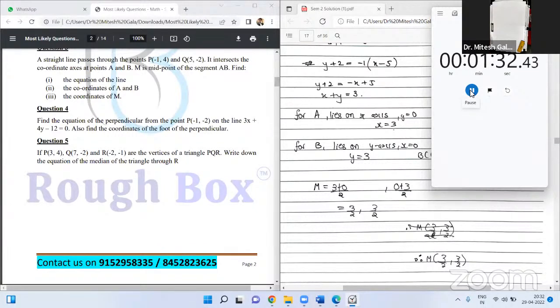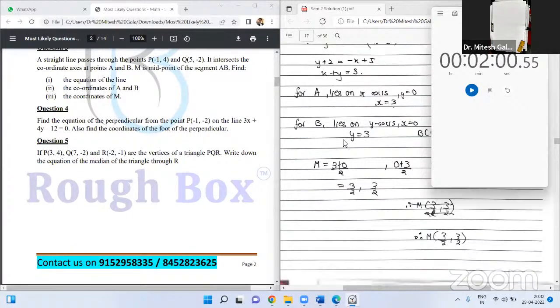Raise your hand so that I'll come to know whether I should wait or not. 17. Okay, I'll wait. Sir, the PDF of the questions will be given to us, right?